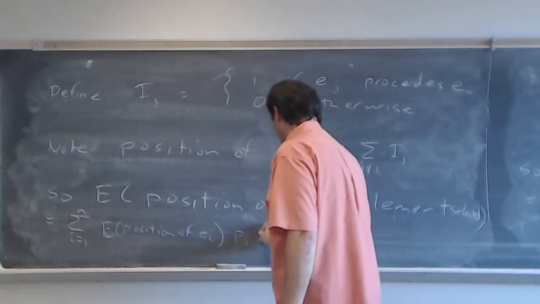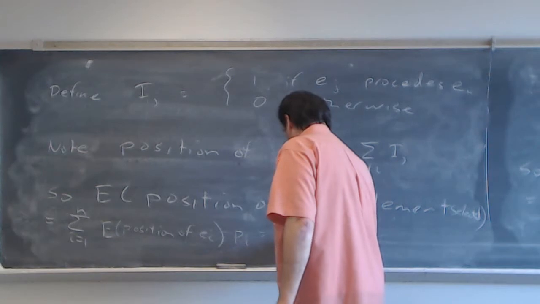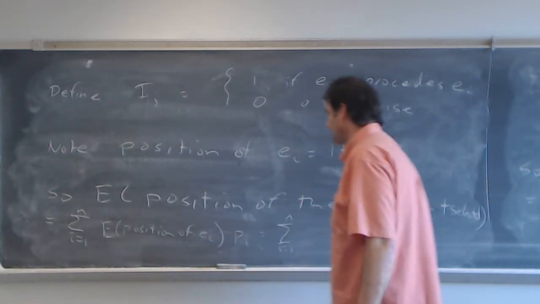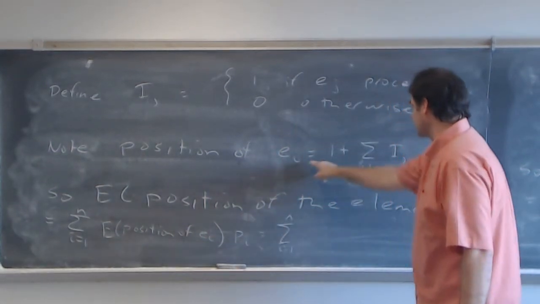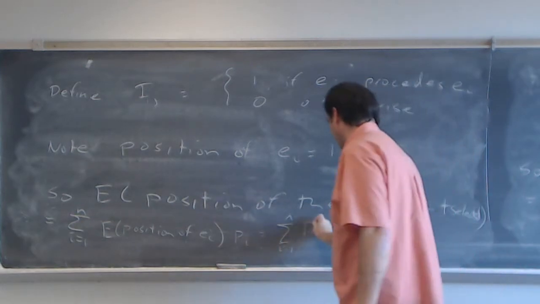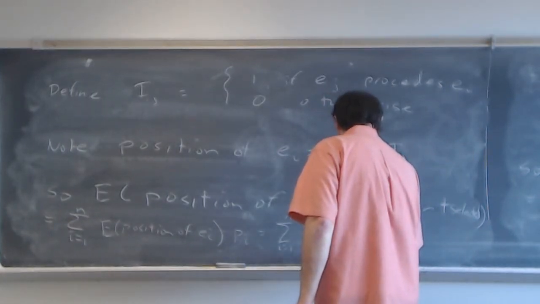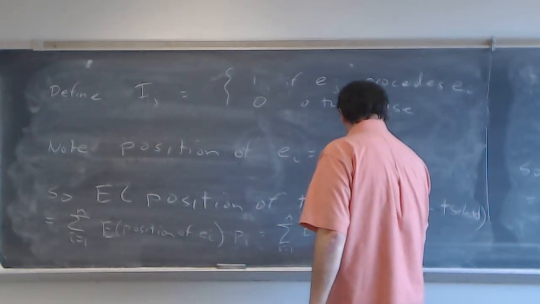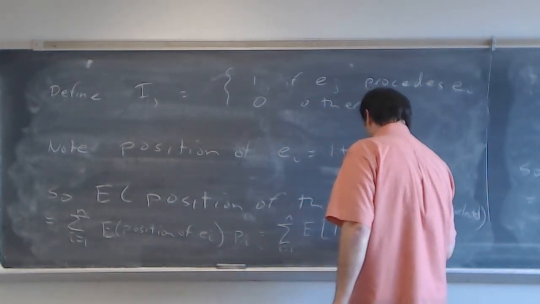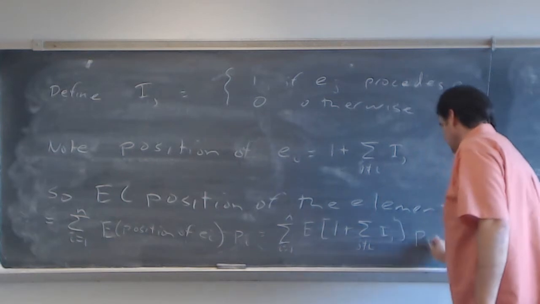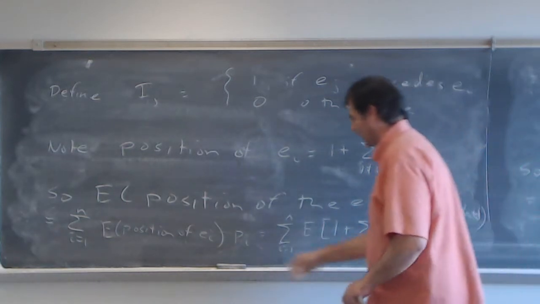But what we just said was that the position of E_i is this, so it would be the expected value of 1 plus the sum over j different than i of I_j, times P_i. So we'll work with this, maybe we'll make some progress with that.